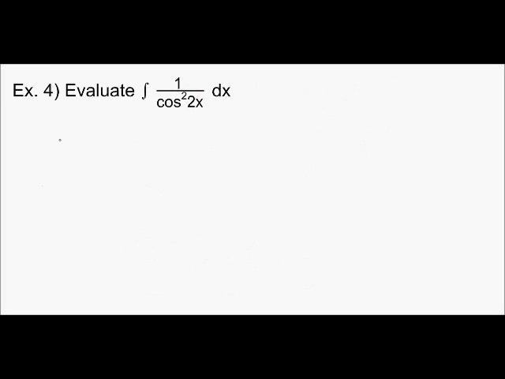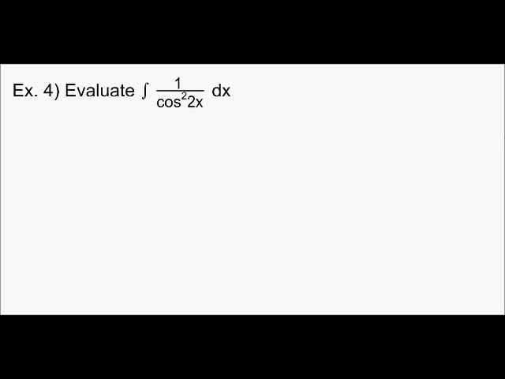Example 4, evaluate the integral 1 divided by cosine squared 2x dx. This one is tricky for a couple of reasons. One is the 2x here, the other is that it's cosine squared, and also that the cosine squared is in the denominator.